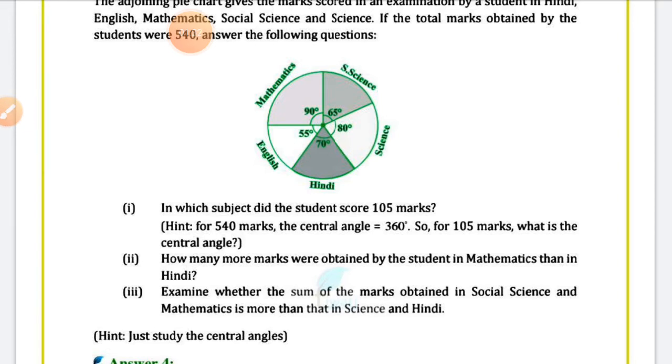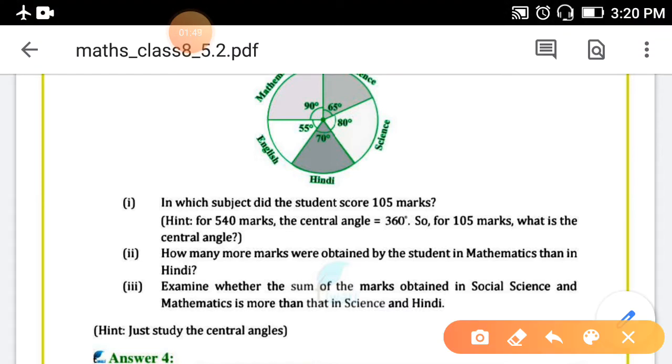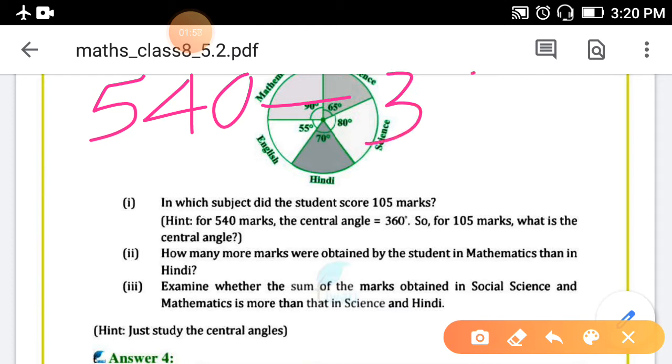First one, in which subject did the student score 105 marks? Hint is given: for 540 marks, central angle is 360. It is 105 marks. Total marks 540, and for 540 the central angle means one complete revolution, total degree 360.